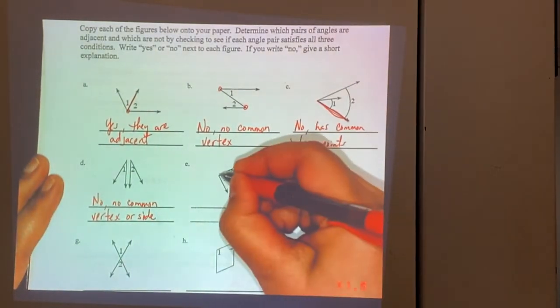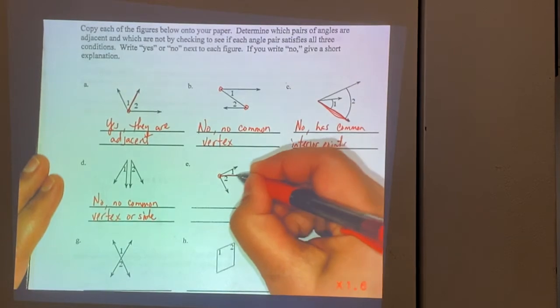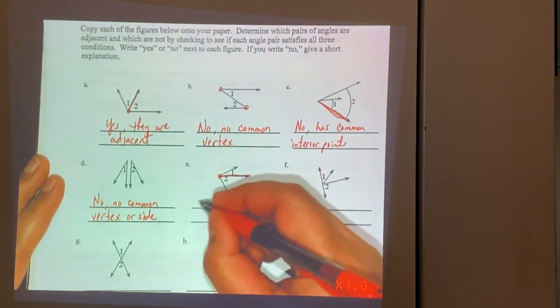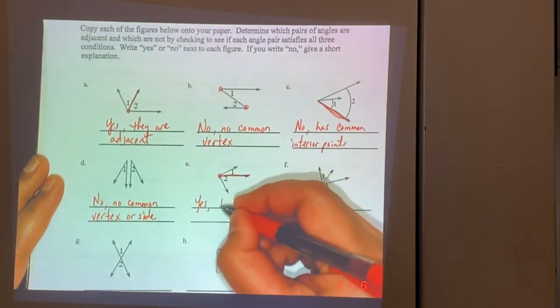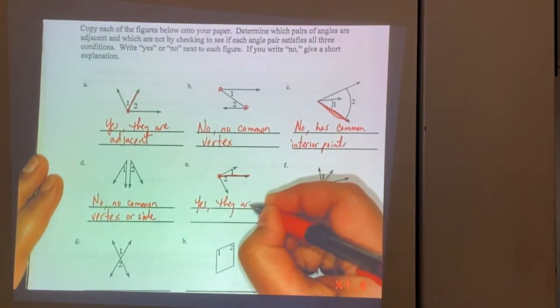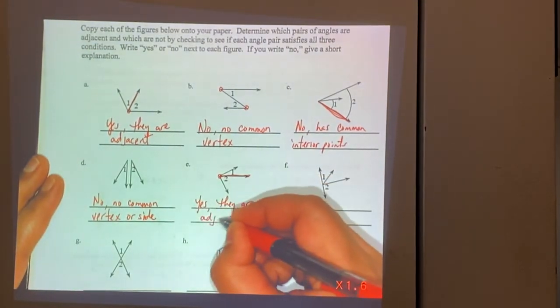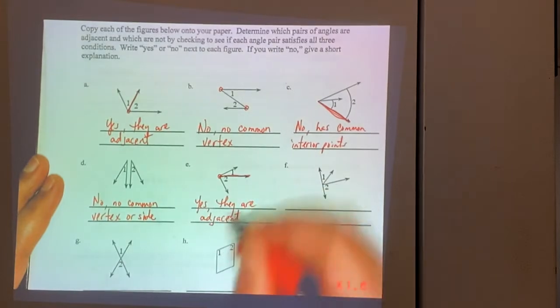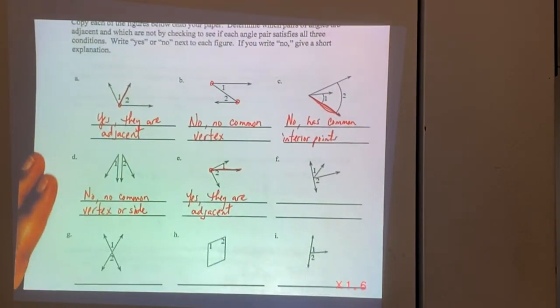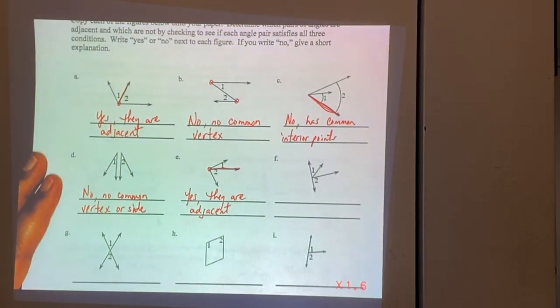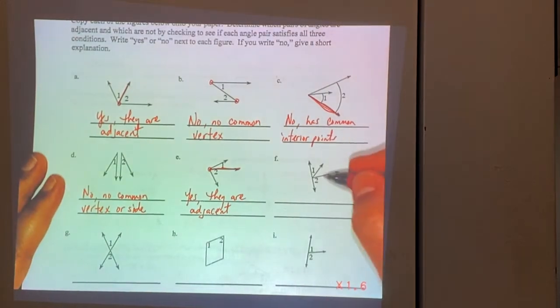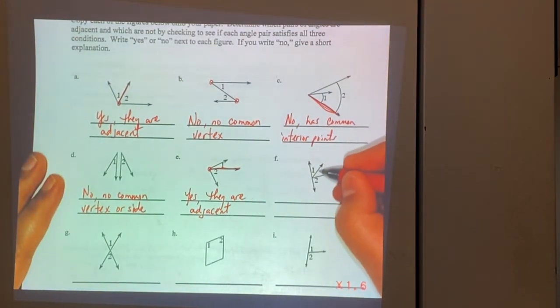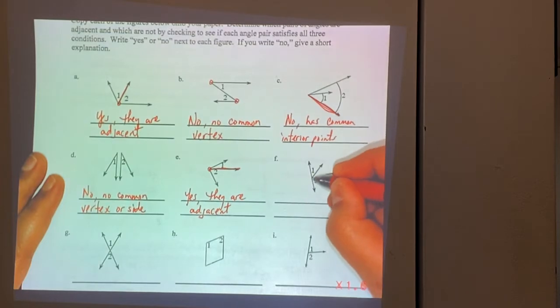No. Common vertex, side in the middle. Okay, so this is yes. They are adjacent. Okay, 1 and 2. Well, they don't have a side that's the same because there's this thing in the middle that separates them.